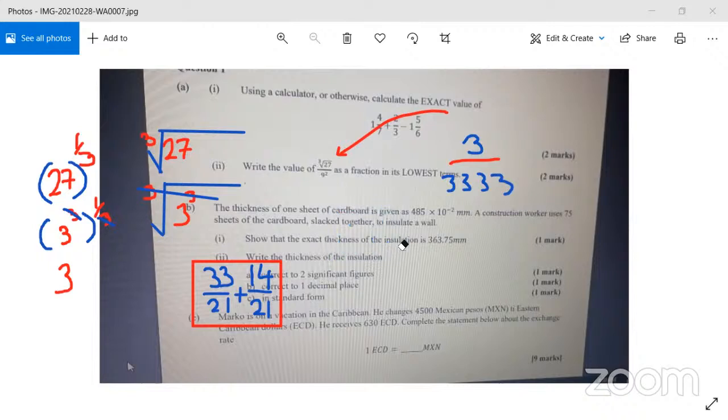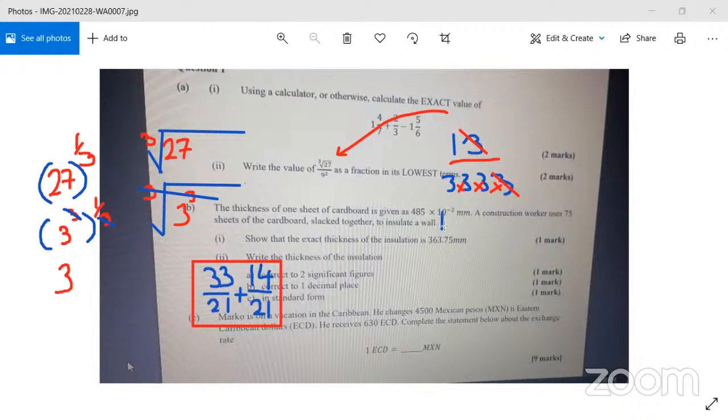So now it's literally right in front of us. So this will leave us with 1 over 3 times 3 times 3. 9 times 3 is 27.